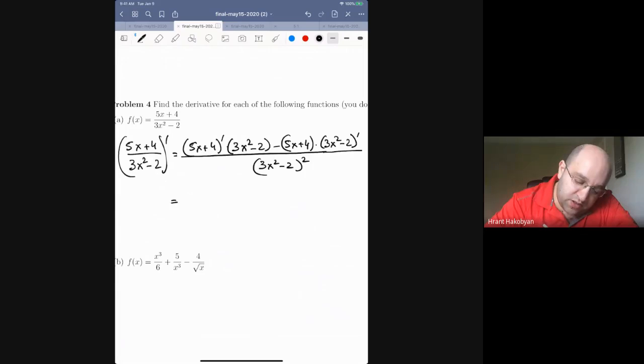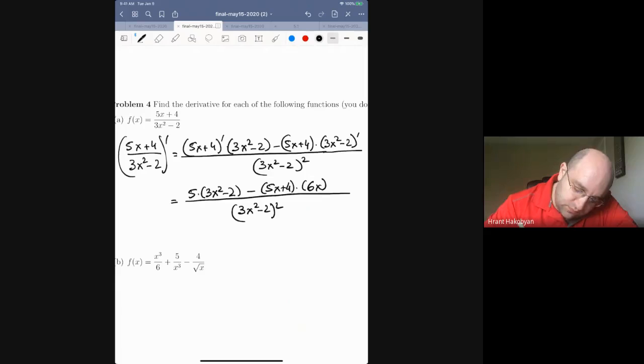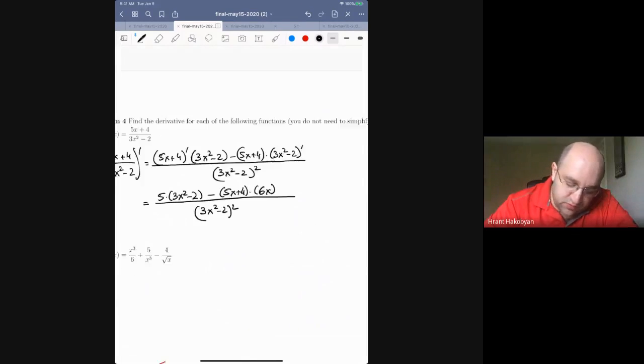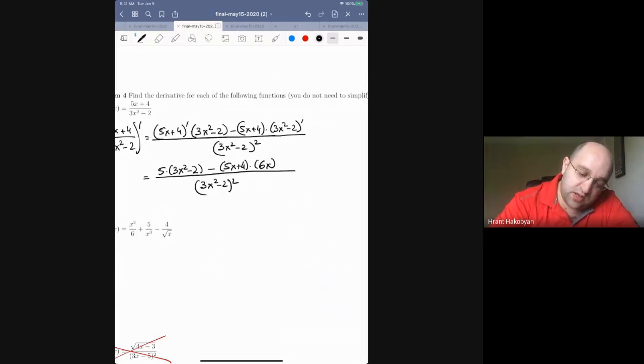The derivative of 5x plus 4 is just 5. Then I have 3x squared minus 2. And then minus (5x plus 4) times the derivative of 3x squared minus 2, which is 3 times 2x, so it's just 6x. Then the denominator stays the same. If I simplify, well, actually you don't have to simplify, you can just leave the answer like this.